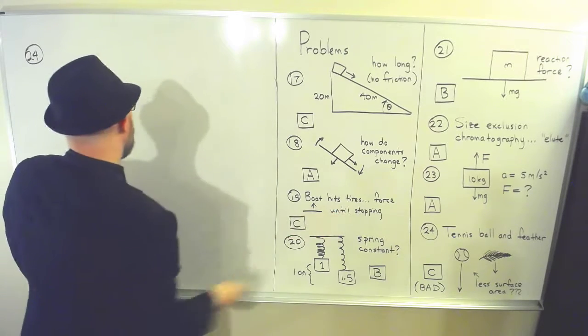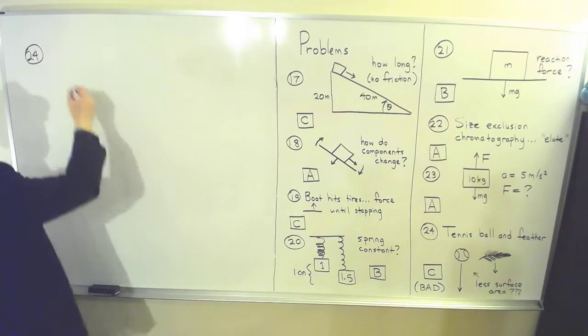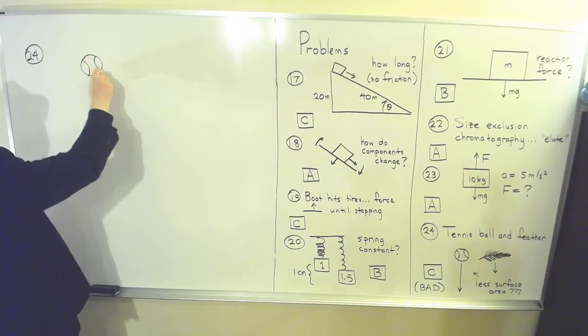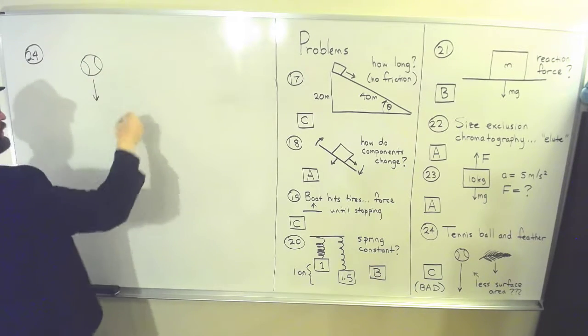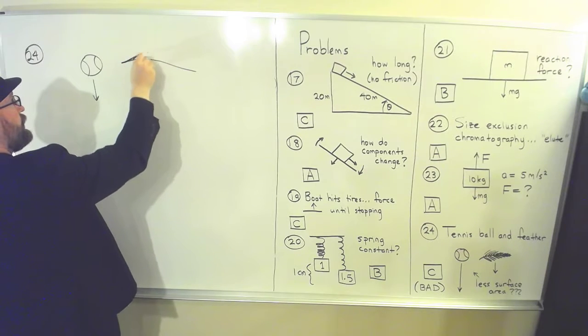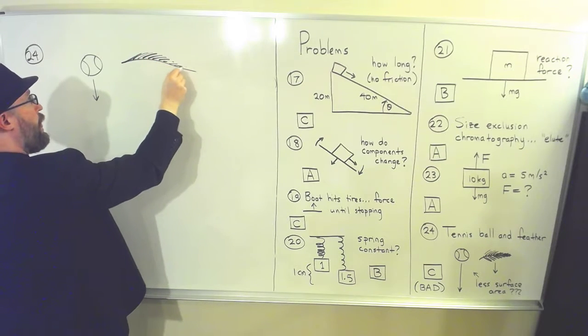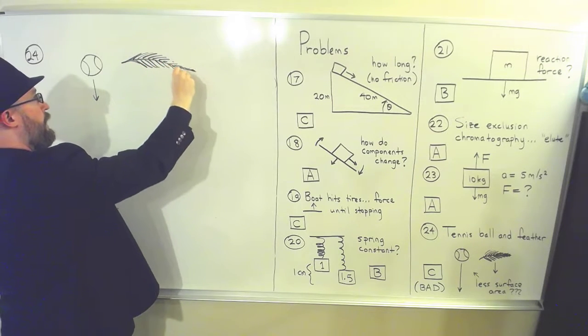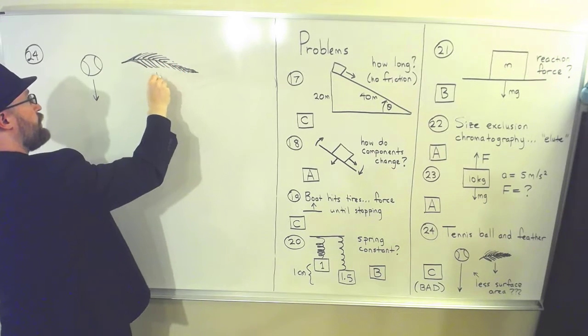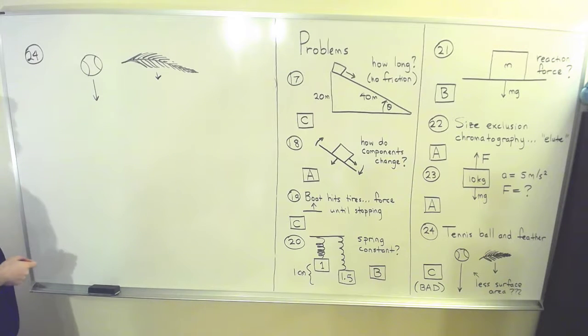The problem says, okay, you have a tennis ball. Here's a tennis ball, and you drop it, and it falls at a certain rate, and then you also have this feather. You drop the feather and it falls at a much slower rate.